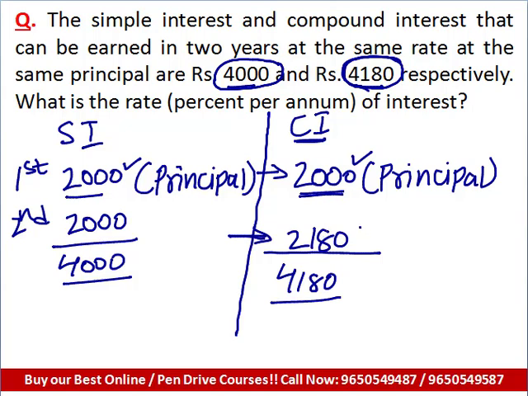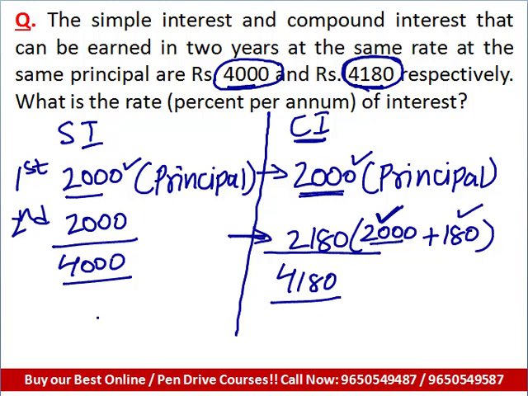Now let me break it up. 2180 is nothing but 2000, the interest which you earn on the principal every year, plus 180. 180 is the additional component, students.